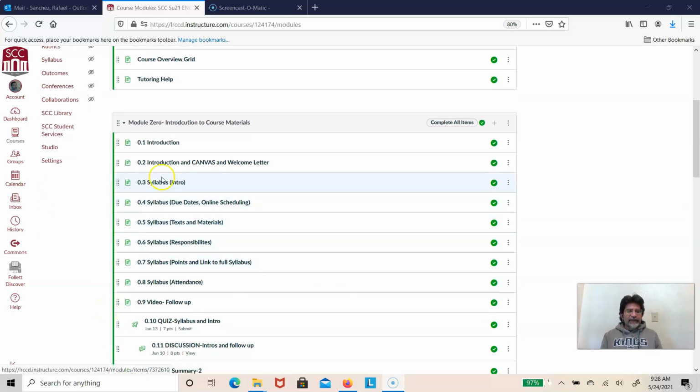Module 0 has most of the syllabus material, with information that is pretty helpful in determining the overall movement of the class and the point structure, and where you need to emphasize from week to week to an extent. It also has some of the responsibilities that both you and I have regarding this class. Make sure that you go over that pretty well and let it kind of come over you.